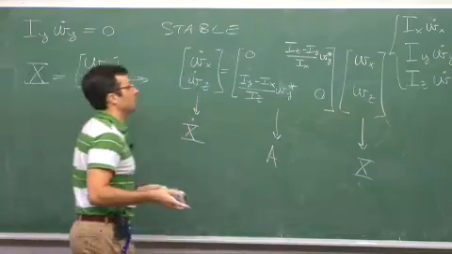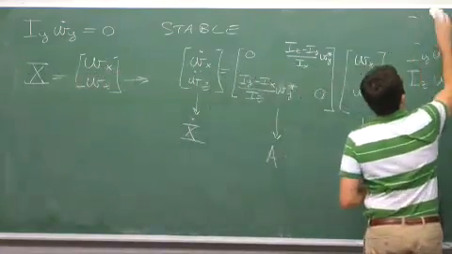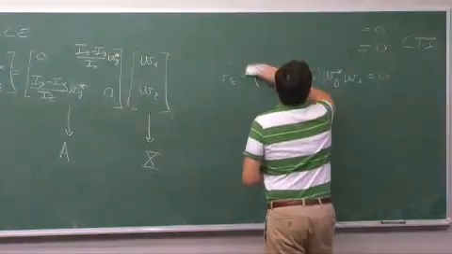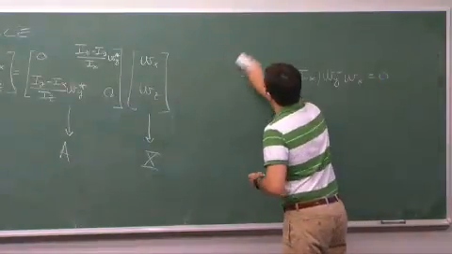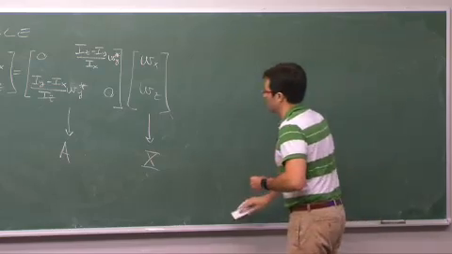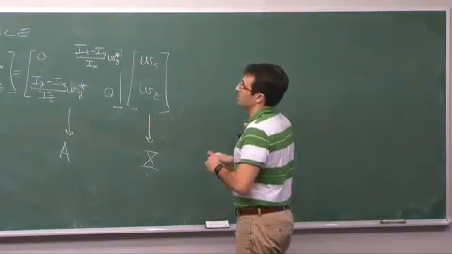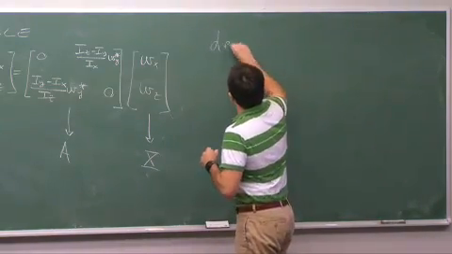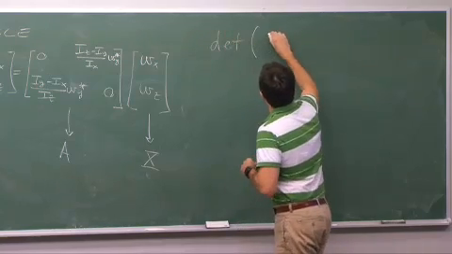I have my A. I need to find the eigenvalues. How do you find the eigenvalues of a matrix? Characteristic equation. Does it sound familiar? Determinant of what?